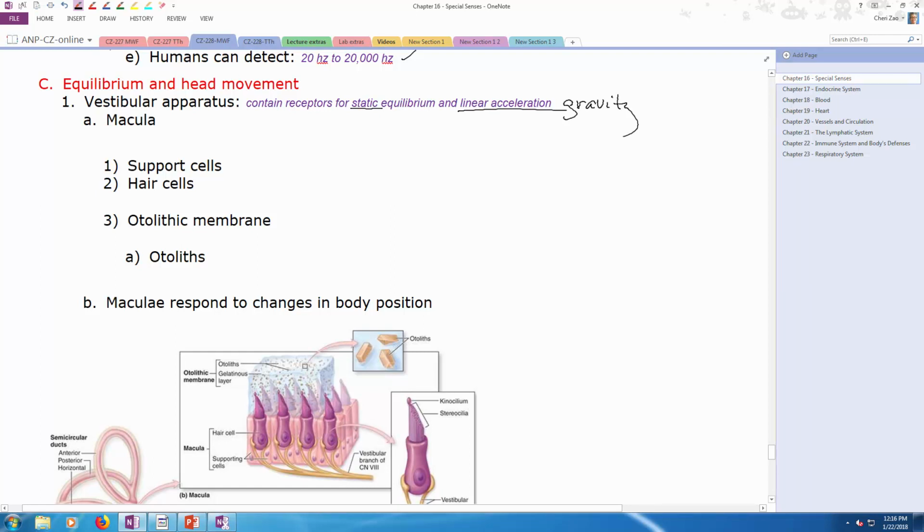related effects. The macula are the receptors in this area, and they are inside the membranous structures called the utricle and saccule.